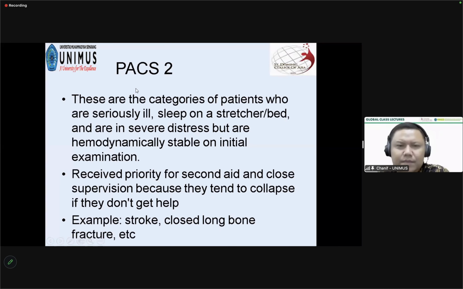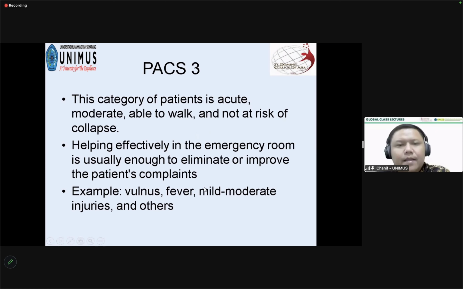For example, a patient with stroke, because if the patient is admitted more than 3 hours after onset, it can cause disability. Another example is a closed long bone fracture and so on.